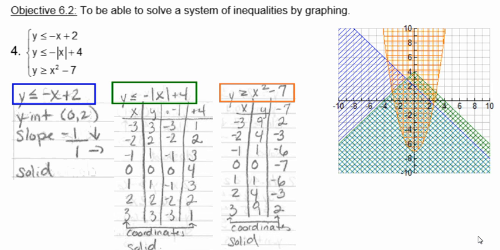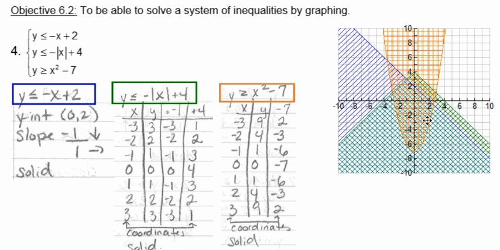Once you have all the rules graphed, you want to look for the solution area. That means where all the rules are true at the same place, same time. For us, I'm looking to see where there is blue, green, and orange at the same place, same time. Well, that's represented in each of the 4 quadrants. We do have a small section here in quadrant 1, and we've got a section here in quadrants 2, 3, and 4.